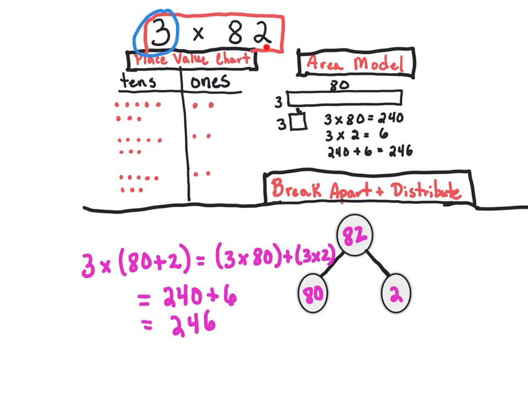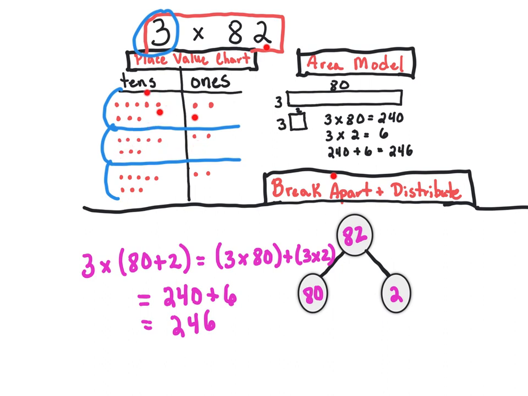So this is why I have 3 boxes to show that I am multiplying all of this 3 times. And when we count them all, we would get, let's try it, 1, 2, 3, 4, 5, 6, 7, 8, 9, 10, 11, 12, 13, 14, 15, 16, 17, 18.